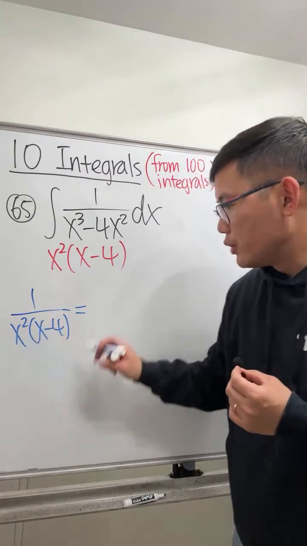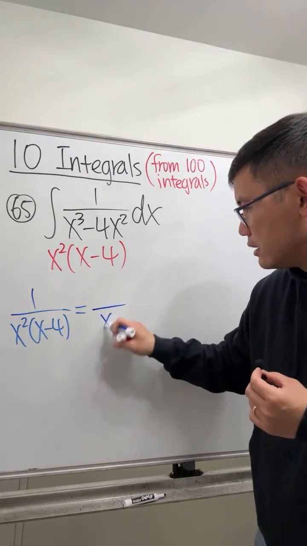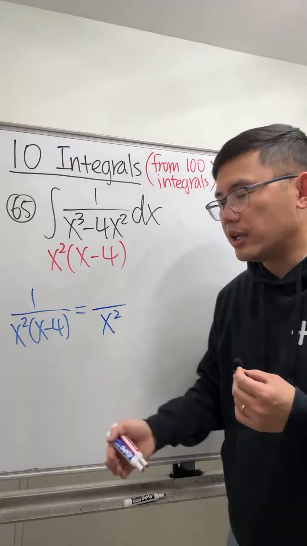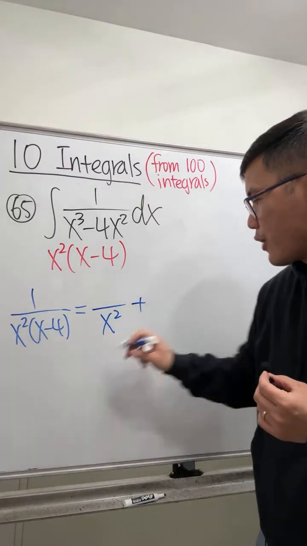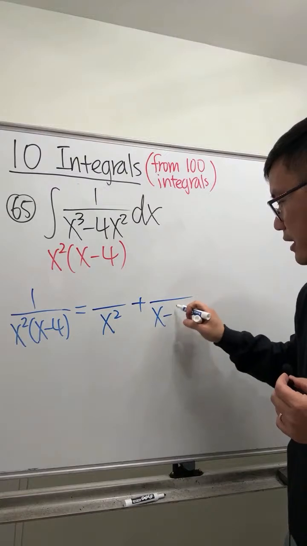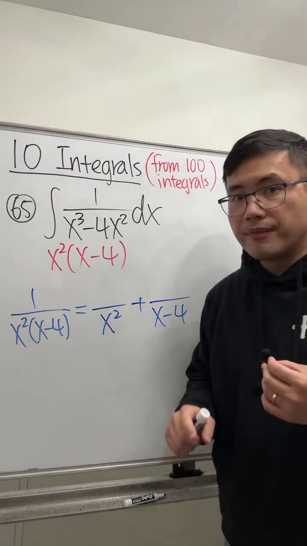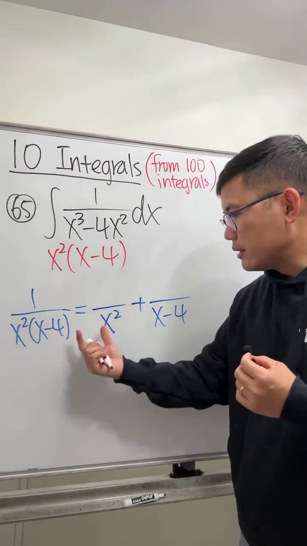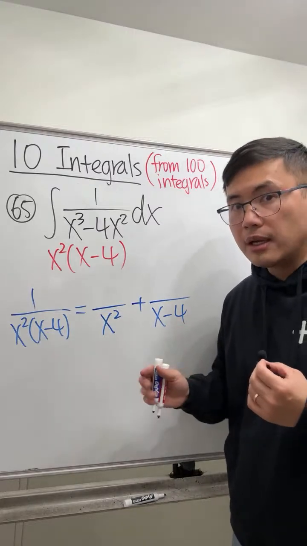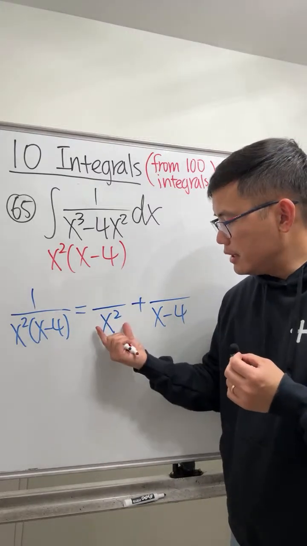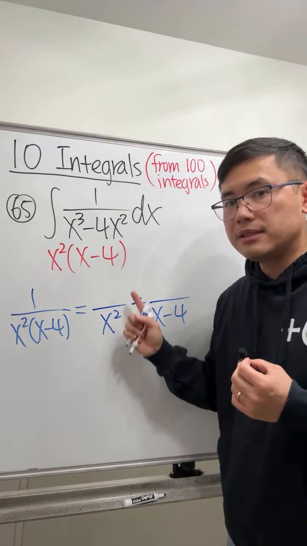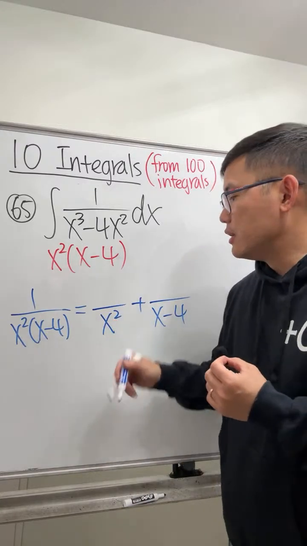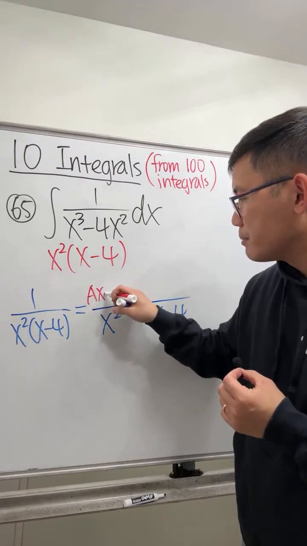You can write it as x squared for the first fraction, and then you add it with the next fraction, that will have x minus 4 on the bottom. Now, if you break it apart like this, it's okay, but you have to remember, this right here is a quadratic. That means the top will be a linear. So I will put down Ax plus B.